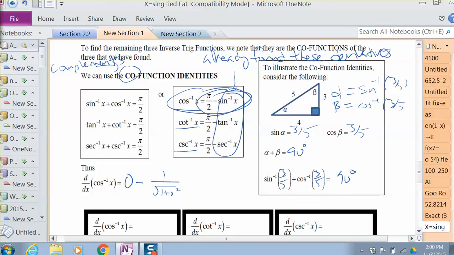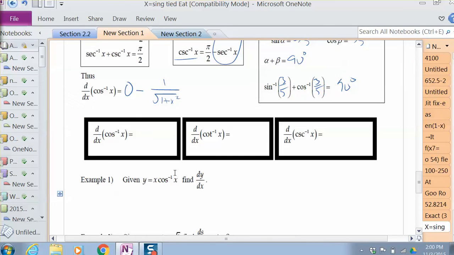Derivative of pi over 2 is 0, so it's really just negative the derivative of inverse sine, negative 1 over root 1 minus x squared. Derivative of inverse cotangent, negative 1 over 1 plus x squared. Derivative of inverse cosecant, negative 1 over absolute value of x root x squared minus 1. So it's the same thing as secant, tangent, and sine. You just do the negative counterparts.